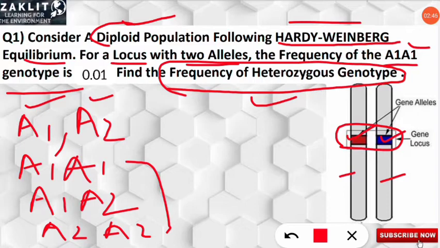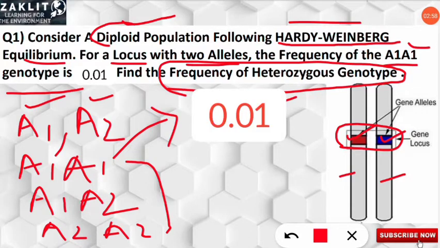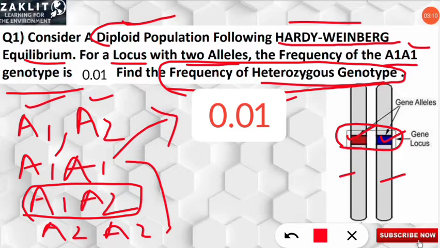We don't know. But here as we know A1 is given. So what is it? The frequency of A1 given is 0.01. And here what we have to find is the heterozygous genotype frequency. That means we have to find the frequency of A1A2 because A1A2 denotes the heterozygous condition of the genotype.